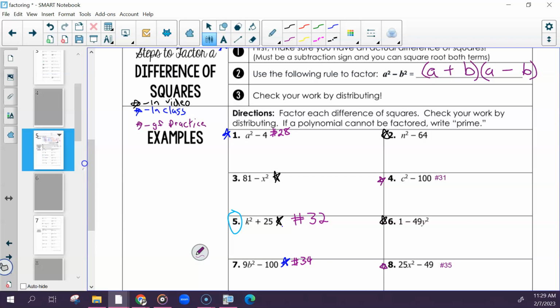Is there something times something, that same something, that will give us 4? Yes. So if that's the case and we're subtracting, we said a times a would give us a squared, so put that in front. What times what would give us 4? 2. Put a plus, put a minus. Again, does not matter which one you put first. Questions so far?